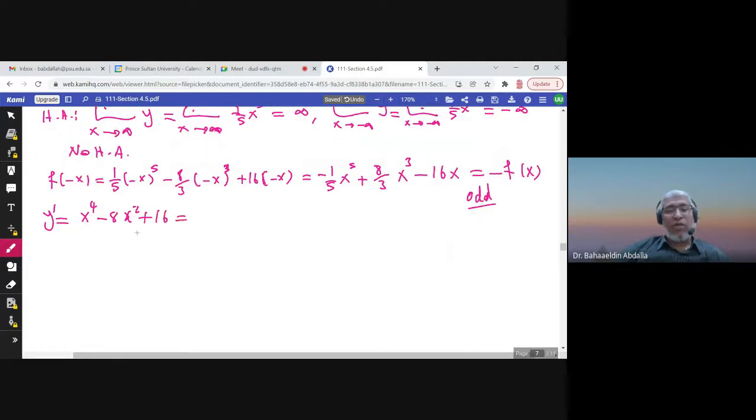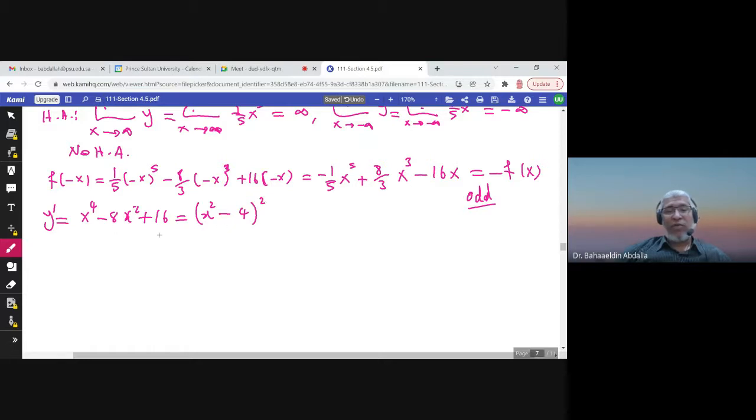This is also a quadratic in form equation, and you can notice that x to the power 4 has a root, which is x squared, and 16 has a root, which is 4, and the sign in the middle is negative. And if I multiply 4 times x squared times 2, I get 8. So these three terms make a perfect square.